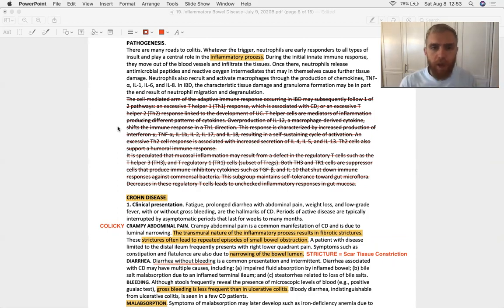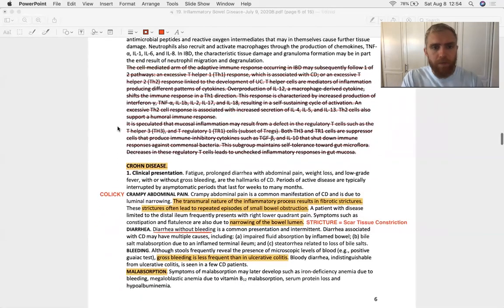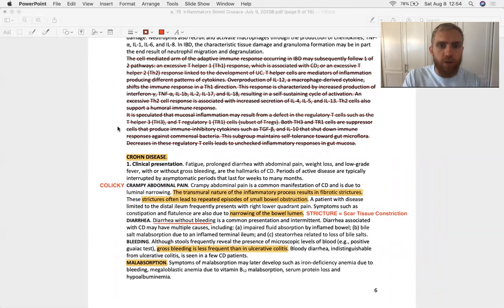And if neutrophils can't do it, you get macrophages and lymphocytes involved. That's inflammation. That's what's going on in both copies of IBD. And there's a good amount here on cytokines. Again, if you would like to brush up on that, that's a great paragraph to read to remind you what certain things like IL-12 do.